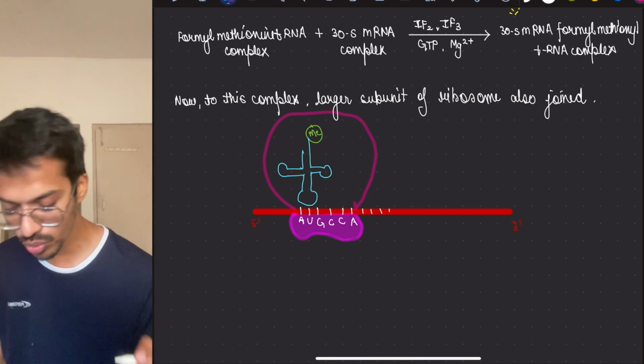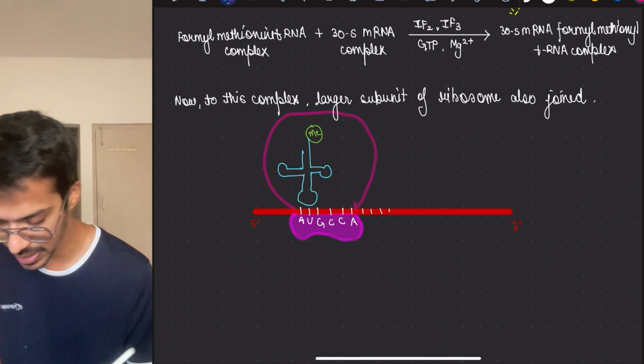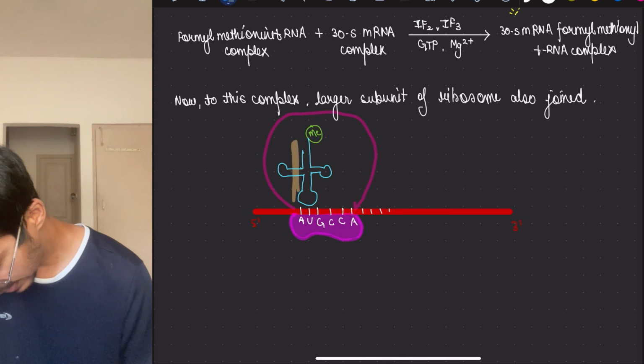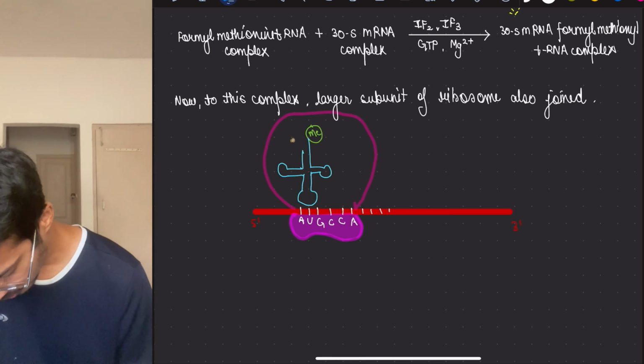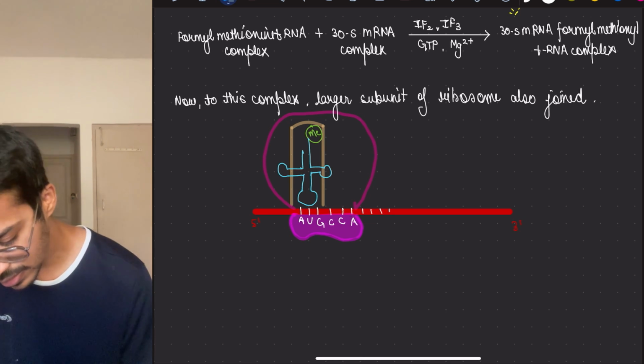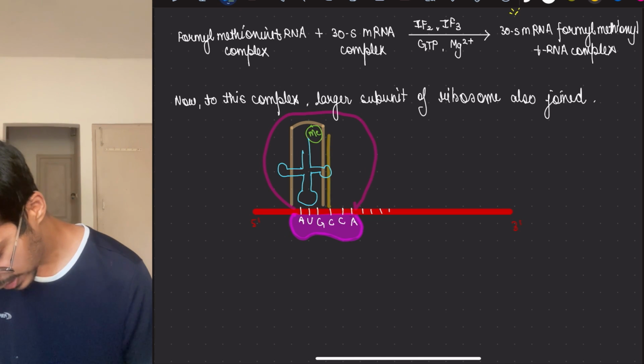So this bigger unit has three sites present to it. Okay, what are those three sites? Let's try to see that. So one is this site where this tRNA is present. This is the one site. One more site which is next to this is present.